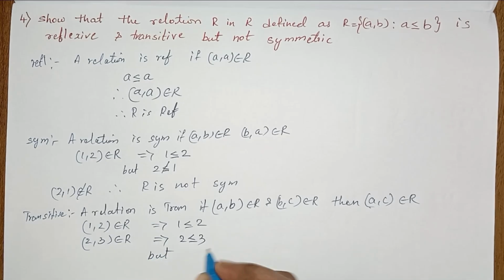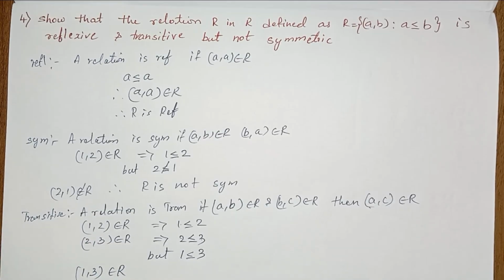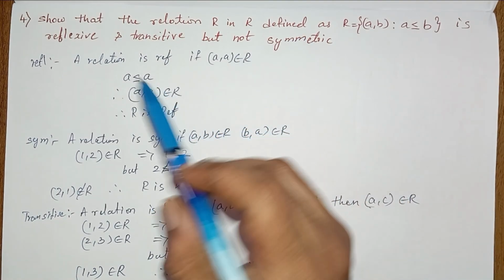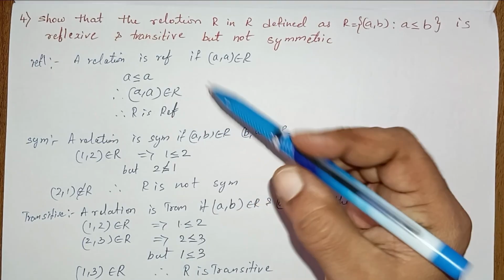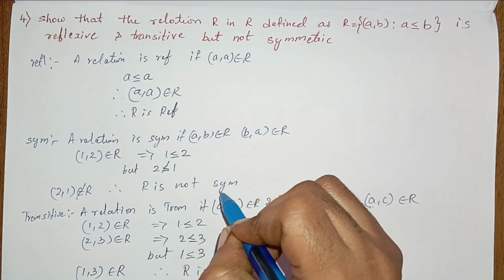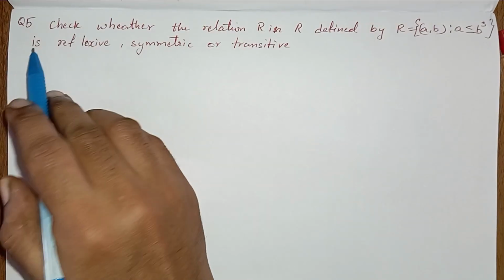If you take 1 and 3, 1 is less than 3, so obviously it is true. So 1 comma 3 also belongs to R. Therefore R is transitive. So we have shown that the relation is reflexive and transitive, but it is not symmetric.